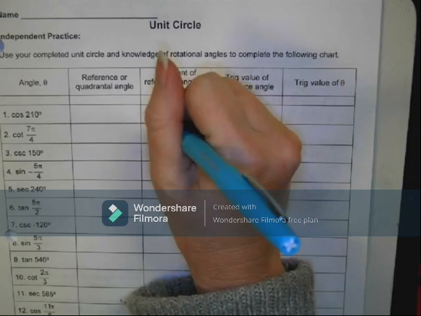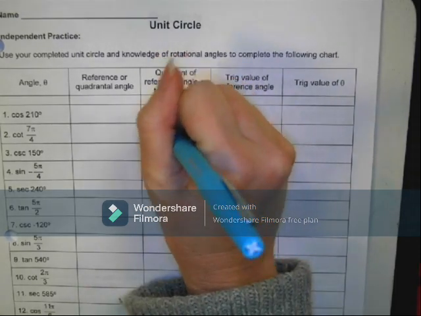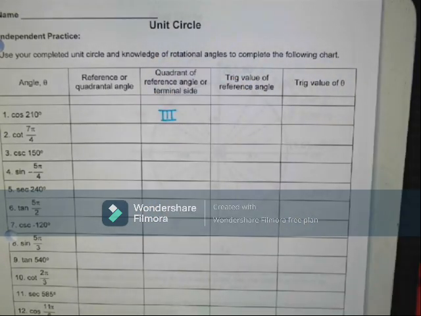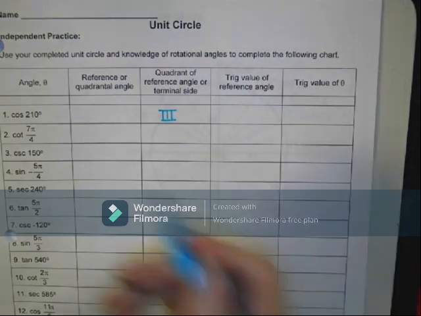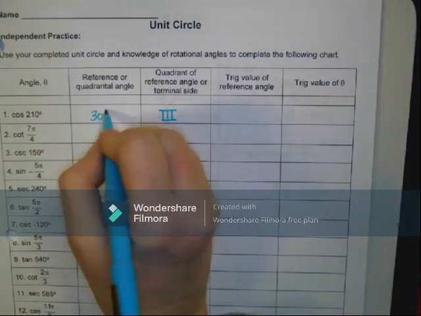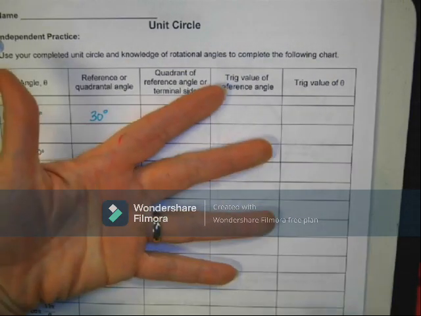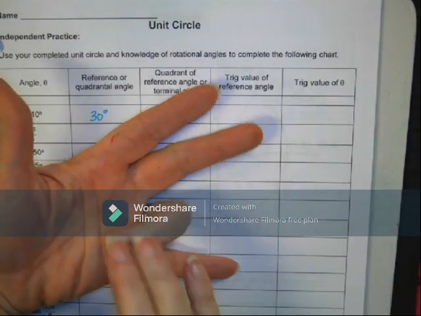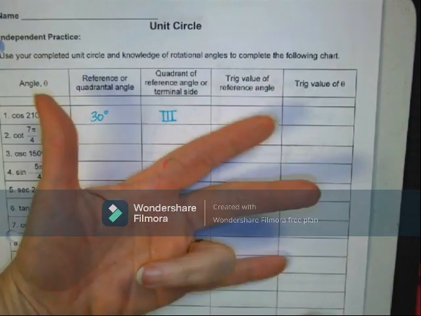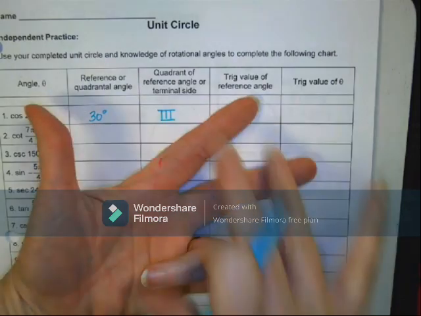So cosine of 210. What quadrant would 210 be in? Quadrant 3. All right, so if I drew 210 degrees, what would my reference angle be? 30 degrees. All right, so left-hand trick, 30 is your first finger. So cosine is your x value. So that's my top fingers.